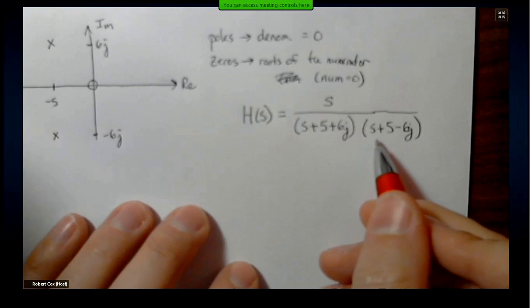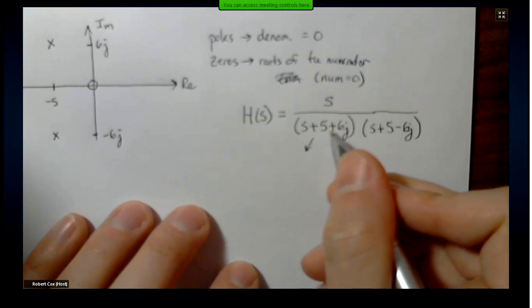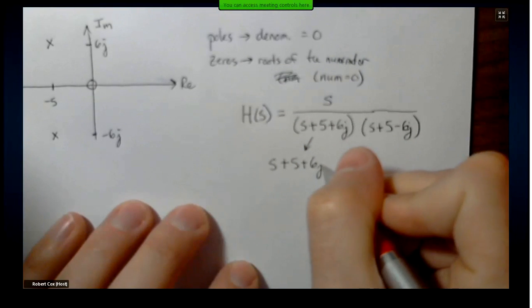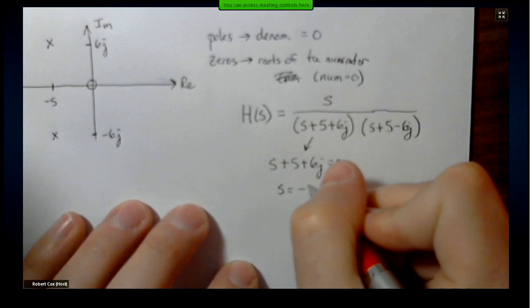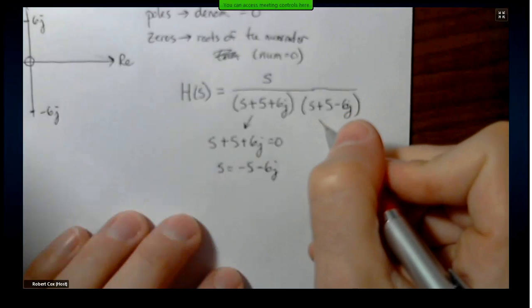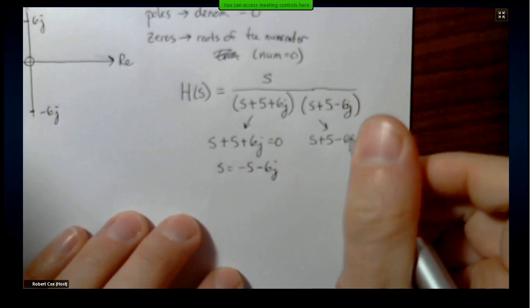If I look at what are the roots of the denominator here, the value that makes this term, so we say s plus 5 plus 6j equal to 0. What value of s is it? It's minus 5 minus 6j. And here, s plus 5 minus 6j.